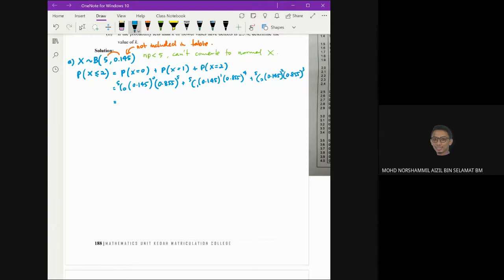Total up semua dah, Syah? Belum. Kena total up semua. Terus. Dapat apa?